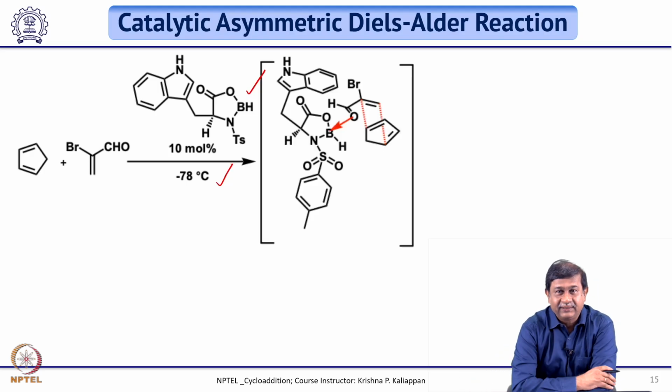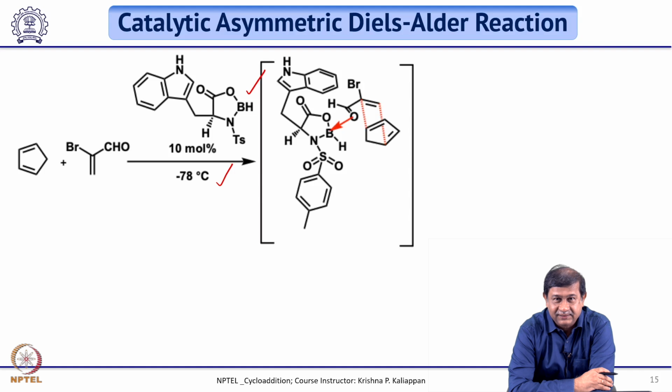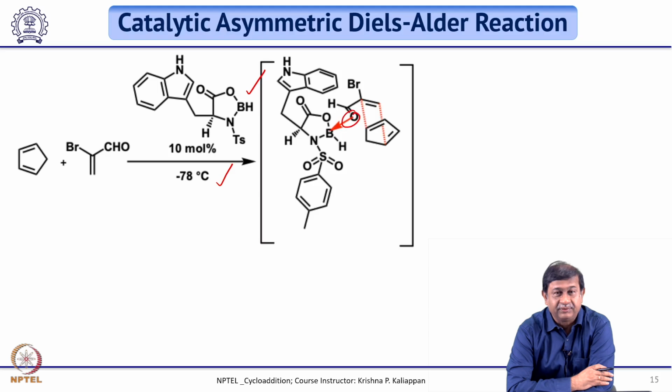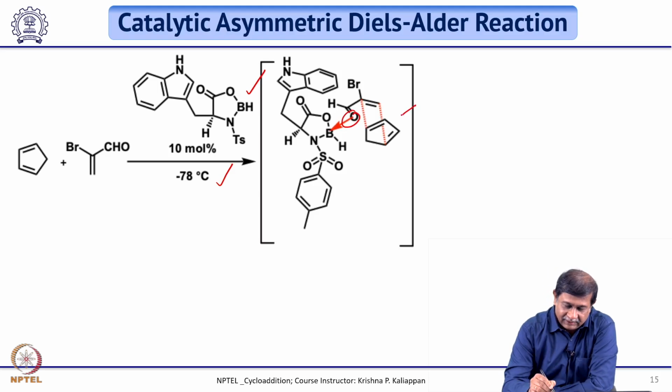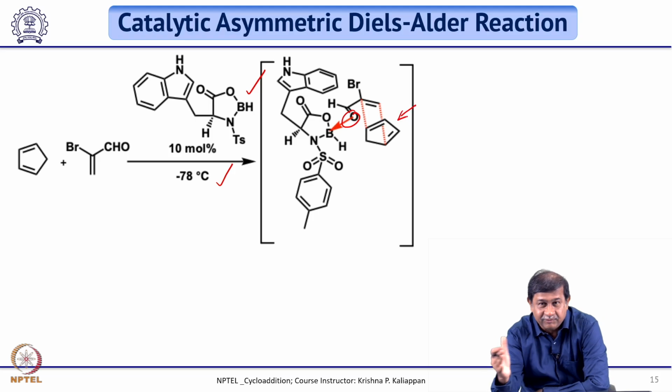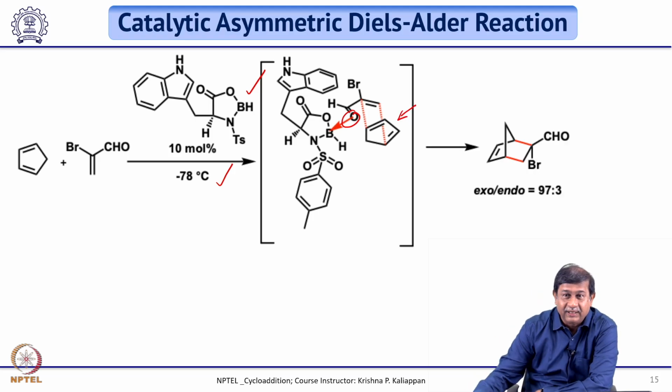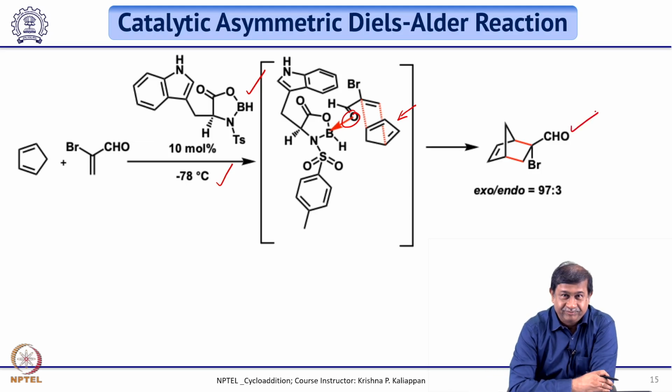And if you look at the transition state, this is the transition state where the electron-rich oxygen coordinates with the boron of this chiral catalyst, and this cyclopentadiene can come only from the exo face. So that is how this particular reaction gives mostly the exo product.